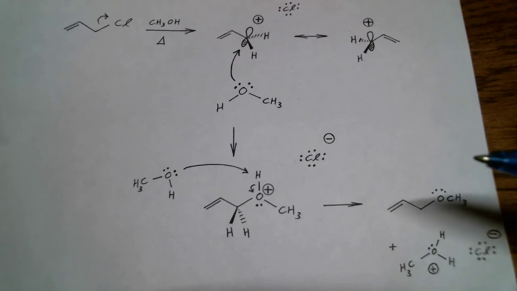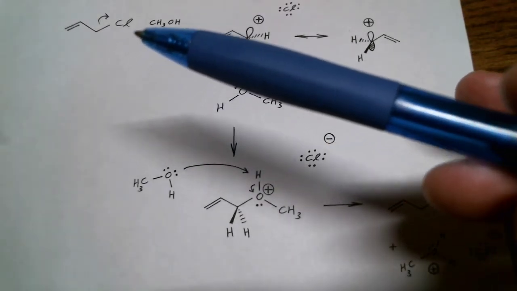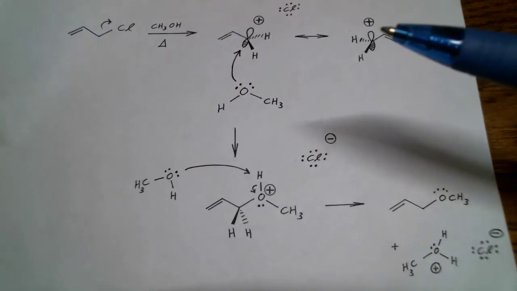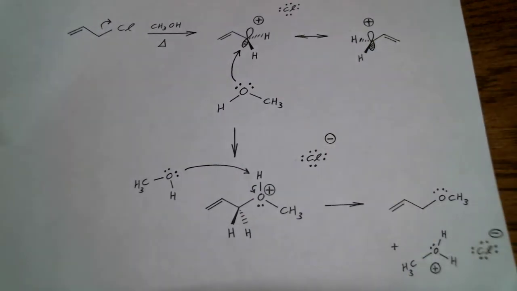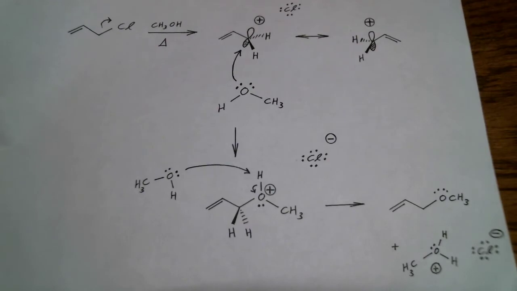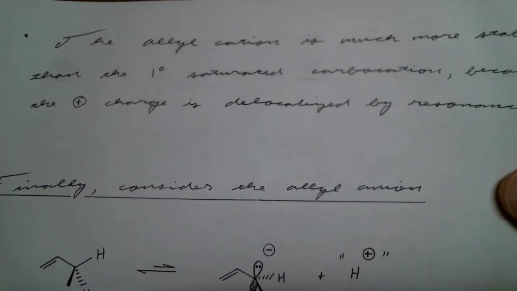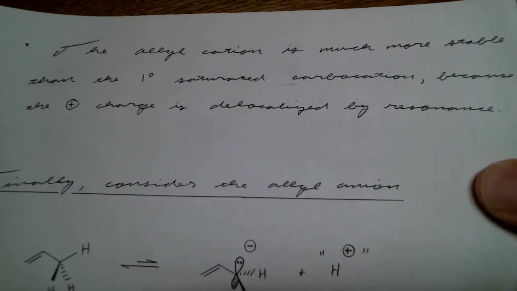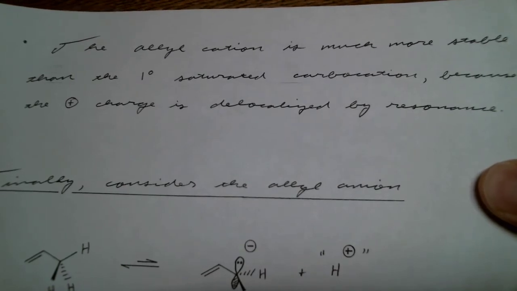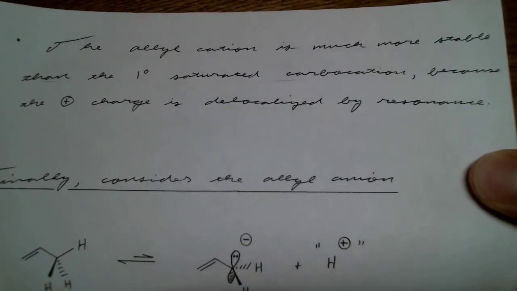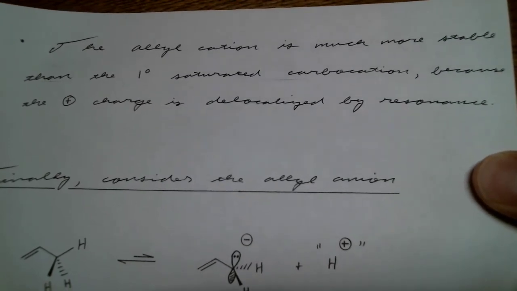So allylic halides and allylic sulfonates undergo SN1 quite readily to give us SN1 products. Not too much more to this particular video, but one more page I think I can punch out. The allyl cation is much more stable than the primary saturated carbocation because the positive charge is delocalized by resonance.